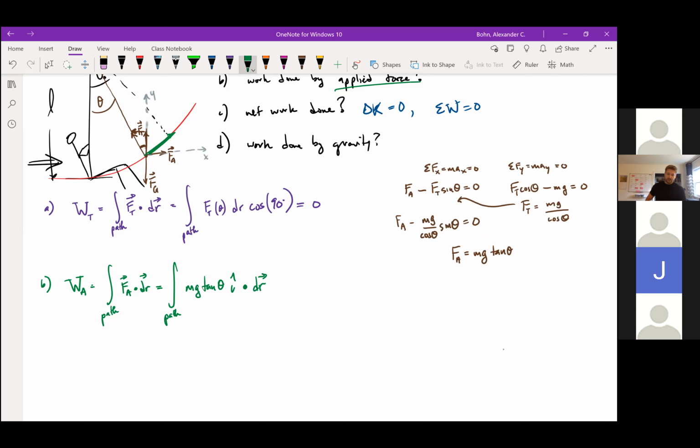Now, the displacement, we said, is tangent to the circle, perpendicular to the radius. Let me zoom in a minute here.